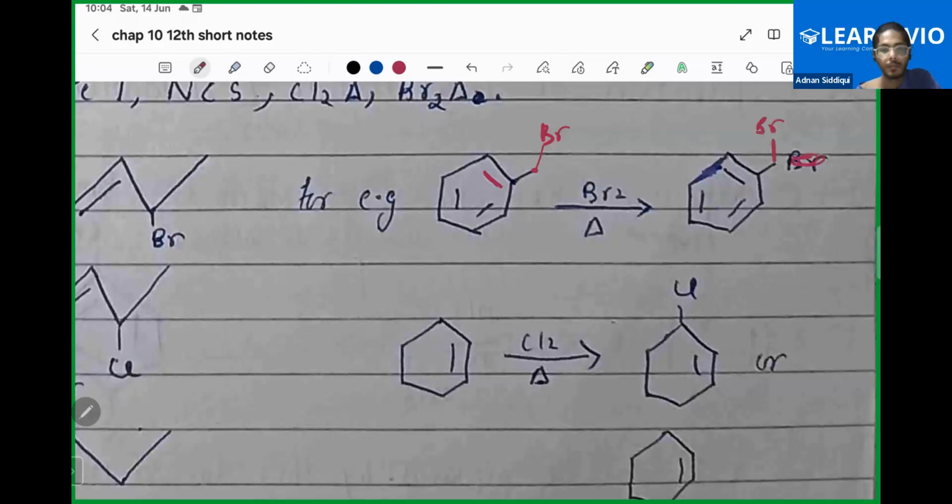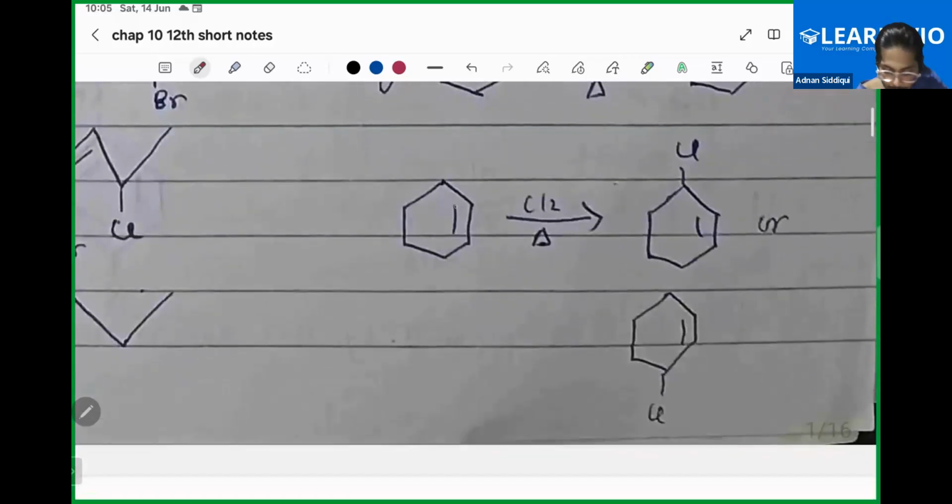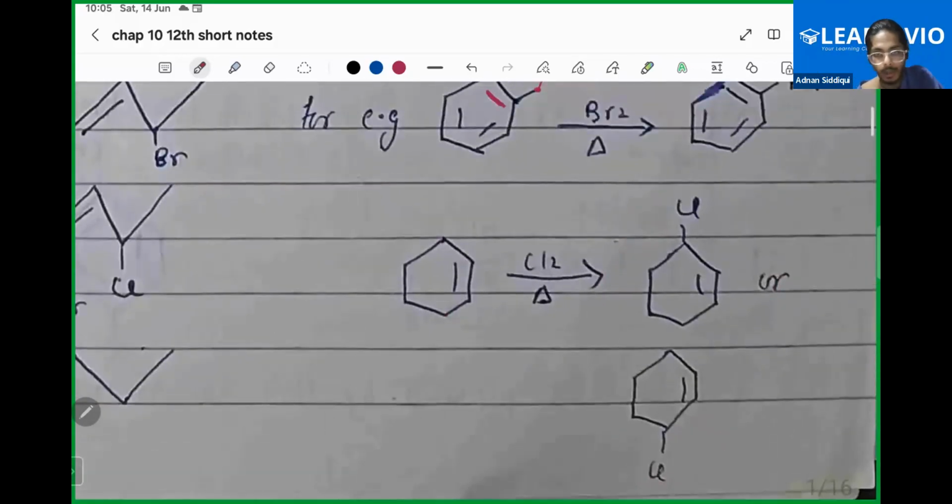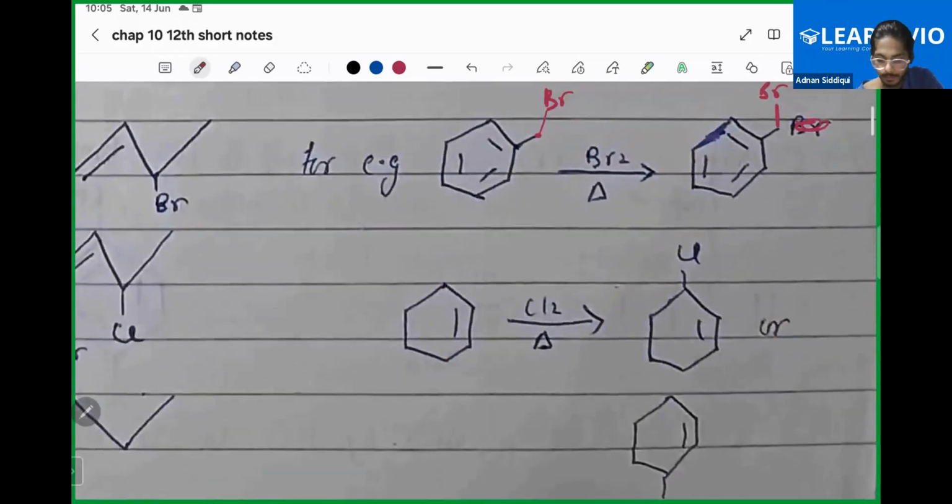If I have this case, this is my double bond, and the next position is the allylic position. Similarly, I can call this allylic position as well. You can either add at the top or at the bottom. These are our haloalkane products. Is this making sense? Is this clear? This is how we do halogenation at the allylic position, right?